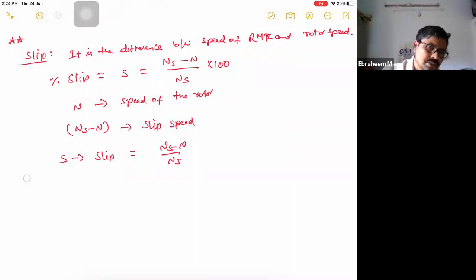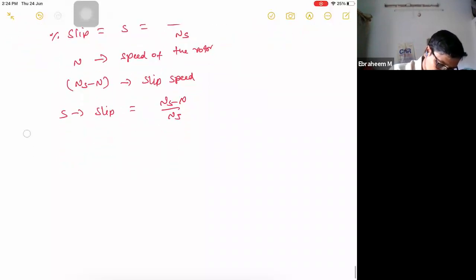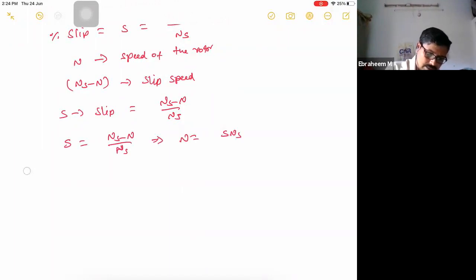So slip is very important, right? Now from this, S is equal to (NS minus N) by NS. So N becomes how much? S into NS.